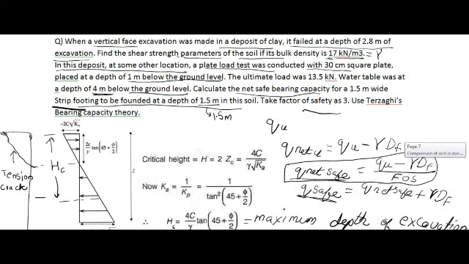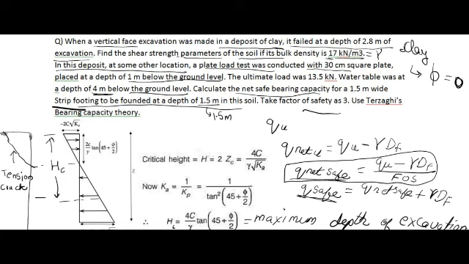What do we need to find in this case? It has been informed in this problem that it is a clay deposit. For clay we always know that phi is equal to 0.